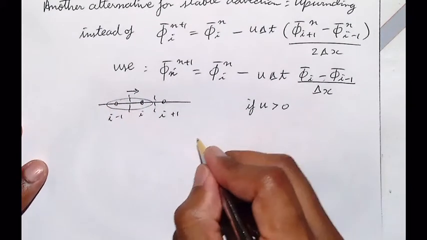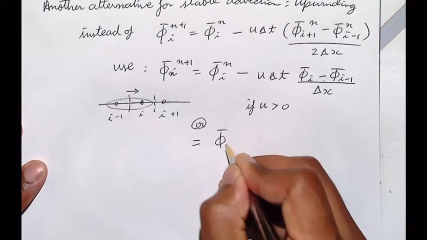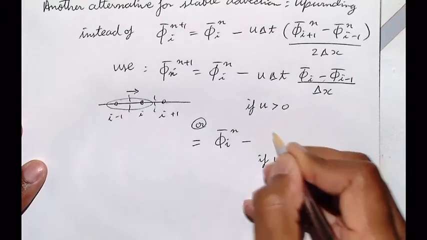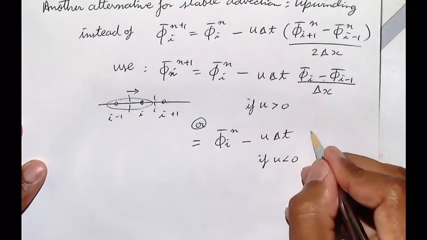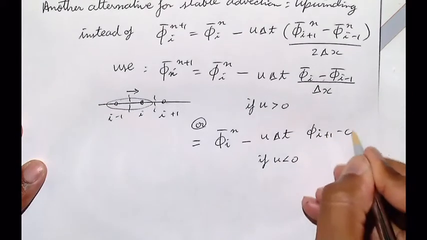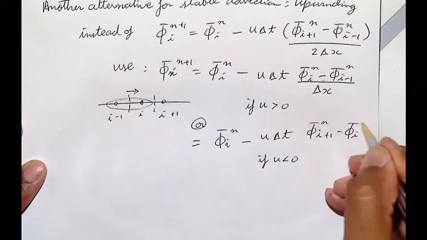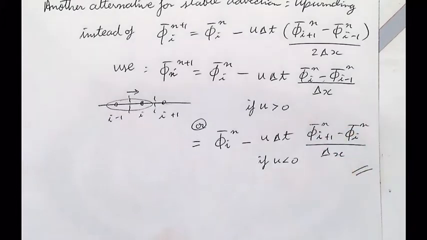And if U is negative, it's minus U delta T over delta X times phi I plus 1 minus phi I. So that's the simplest upwinding you can do. This is first order upwind. Are we happy with this?